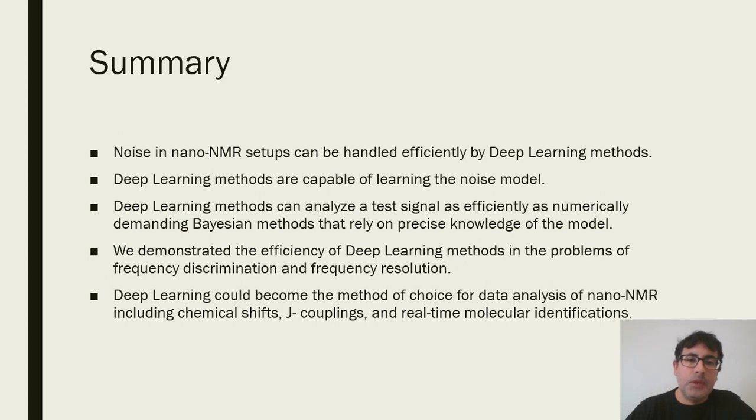We demonstrated it on experimental data obtained by a single NV in the discrimination between two artificial signals. And we showed that deep learning neural networks can perform much better than Bayesian methods. In the future, it would be interesting to test this model on true nano-NMR data obtained by a single NV sensor. Thank you.